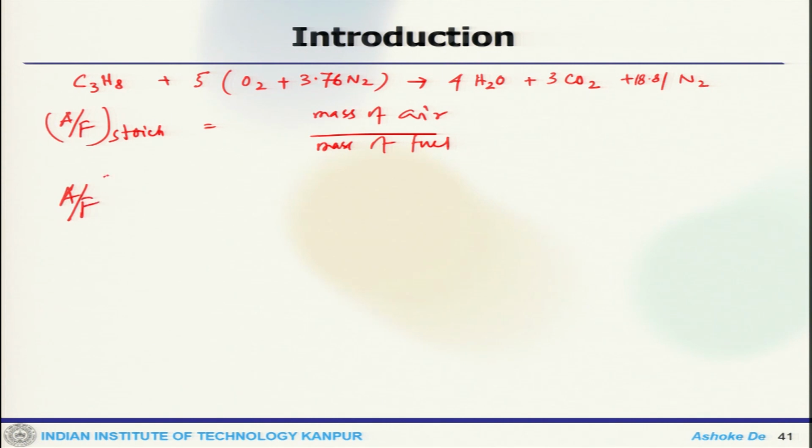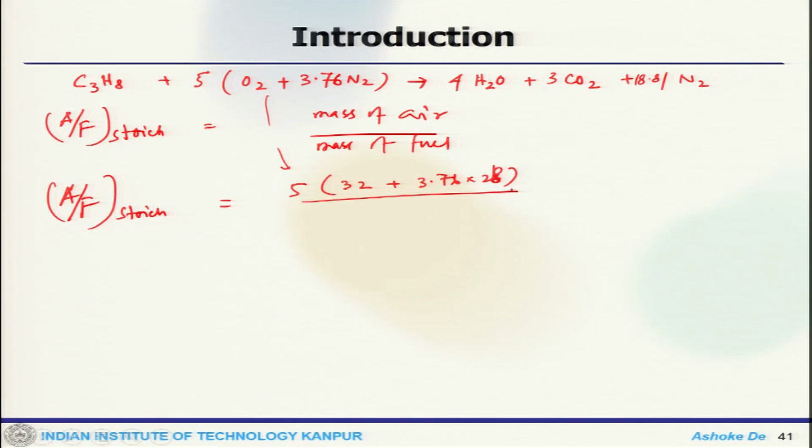So, one can calculate this air fuel stoichiometry: here the mass of air is 5 into 32 plus 3.76 into 28, divided by 44, which is the mass of fuel. That will get you around 15.6.